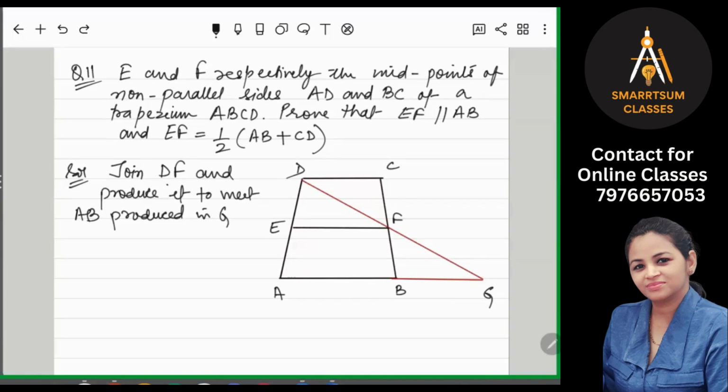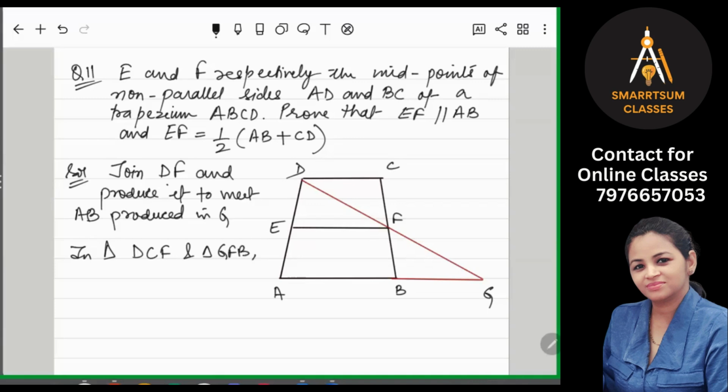Now, look at triangle DCF and triangle GFB, the smaller one. These are the two triangles.